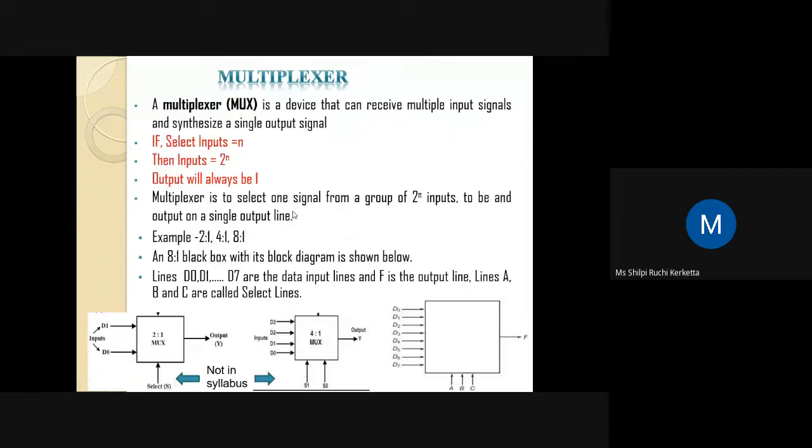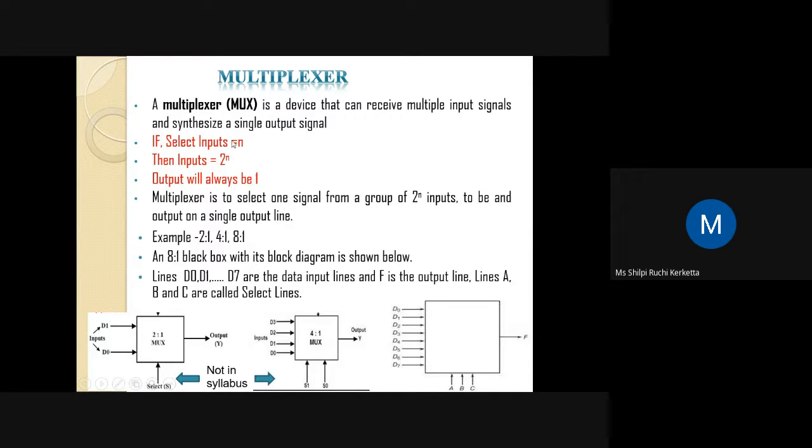So a multiplexer is a device that can receive multiple input signals and produce a single output. Here in the multiplexer, we have a select line and we have inputs. So this is the select line, and these are the inputs, and we have only one output.